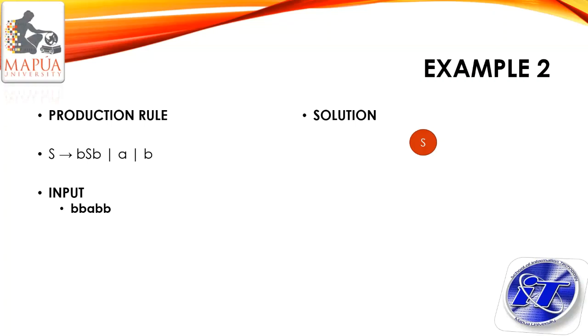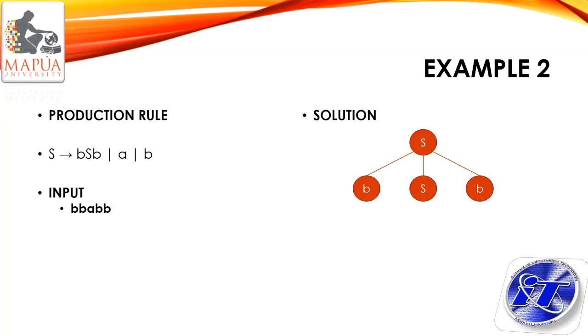Why? Because if we use them, we're just going to have one symbol for our input, which is incorrect. We need five symbols, BBABB. So logically, we're going to implement the first option.